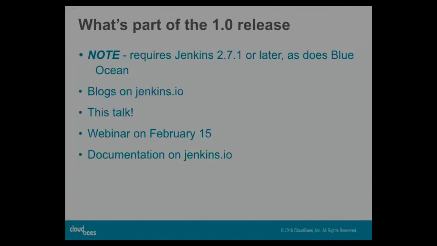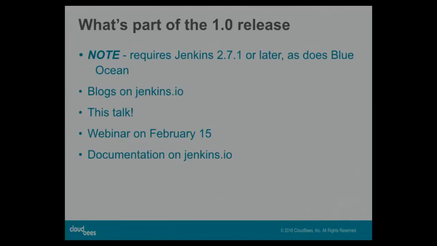So there are blog posts coming up, and one already up on Jenkins.io introducing declarative. There'll be more detailed blog posts on some specific aspects, like the syntax checking or the Docker integration. This talk obviously is part of the 1.0 launch.